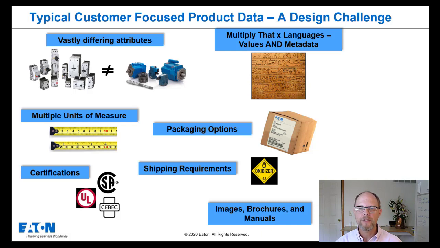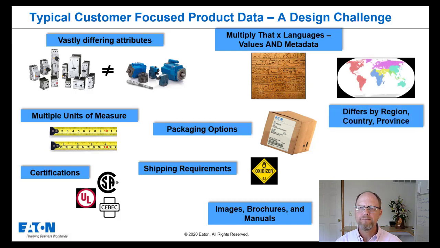All that has to get stirred in as well. And then you're going to have different languages by region, country, and province. In some places you need to show a set of product data in multiple languages depending on the county even, or the province you're in.